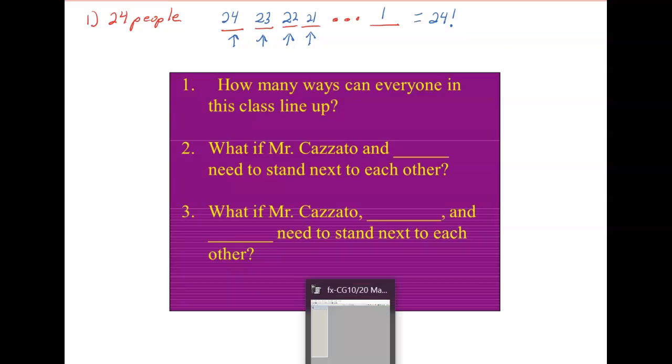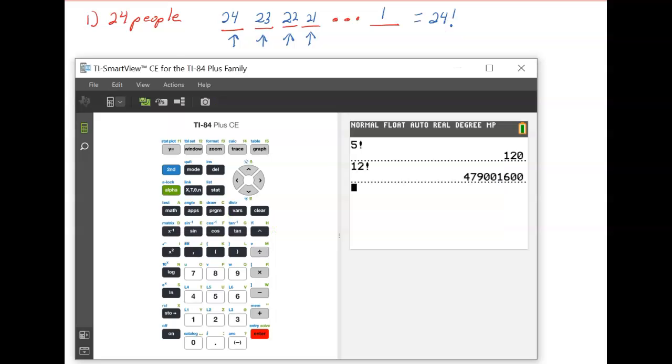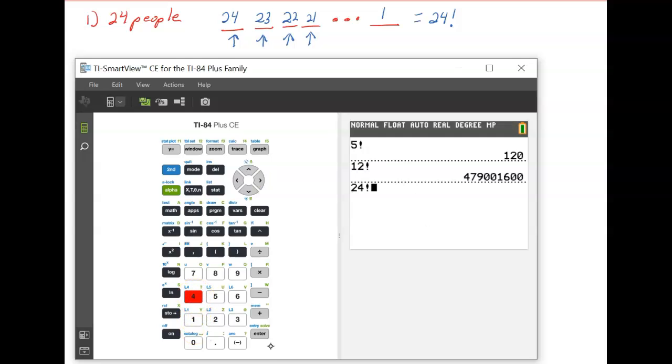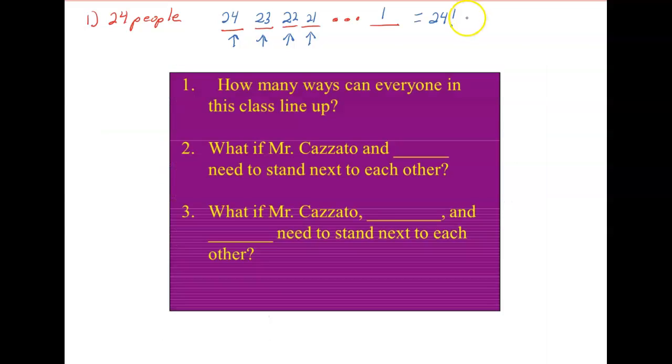And then just to repeat how to do that on our calculator. On the TI, it's 24, math, move over to probability, and you press number 4. And this number will be in scientific notation, 6.204 times 10 to the 23rd. So this is approximately 6.204 times 10 to the 23rd.